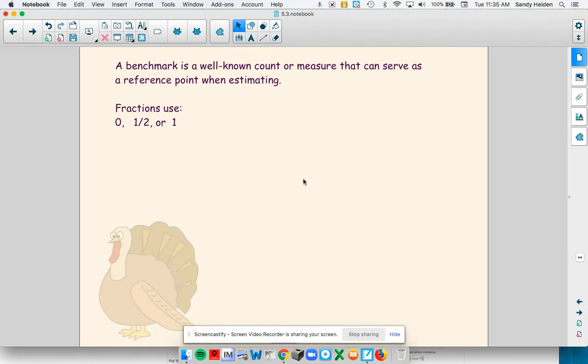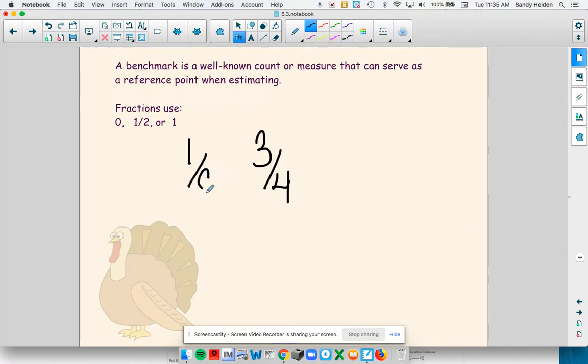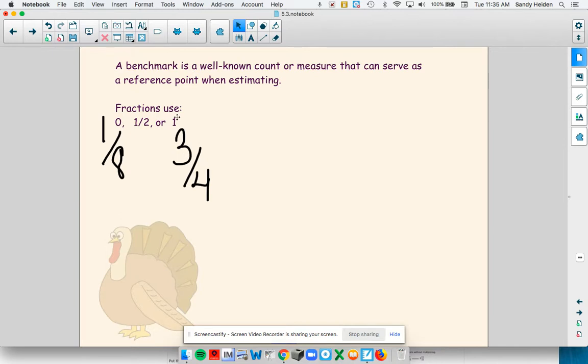So if I had 3/4 and I had 1/8 and I was trying to compare them, 1/8 would be closest to 0. 3/4 would be closest to 1. So I often count that as empty. 1/8 is almost empty. There's only 1 out of 8 pieces. And 3/4 is almost full. So it would be bigger.